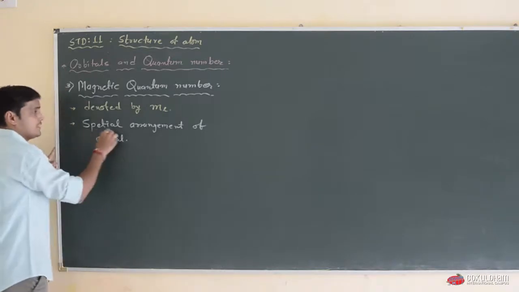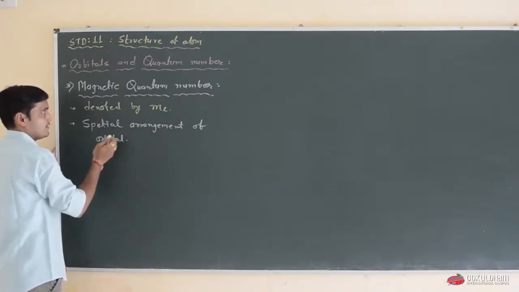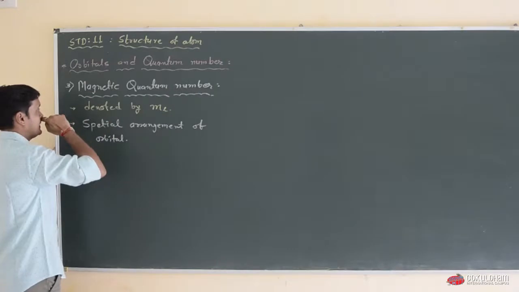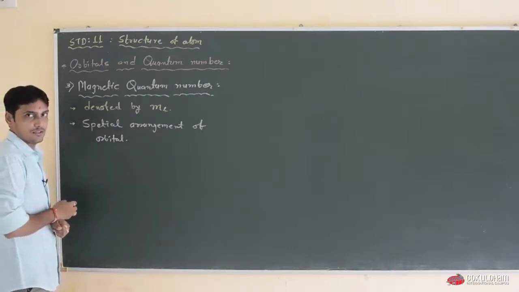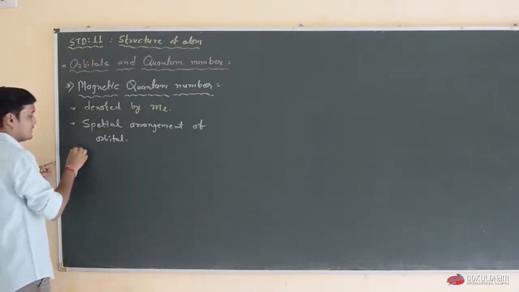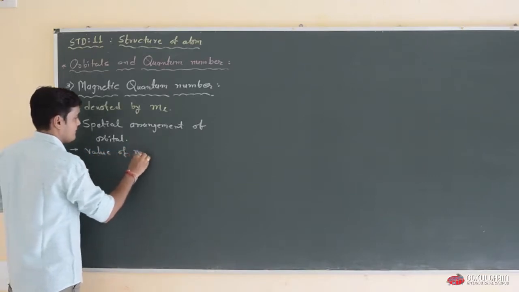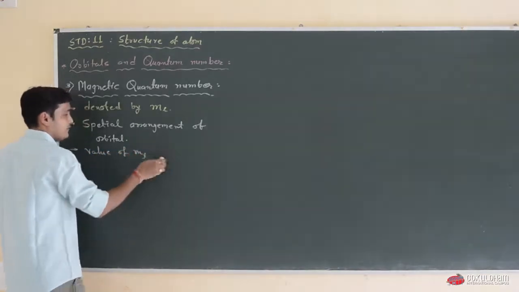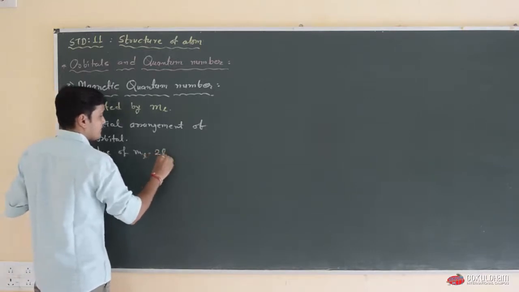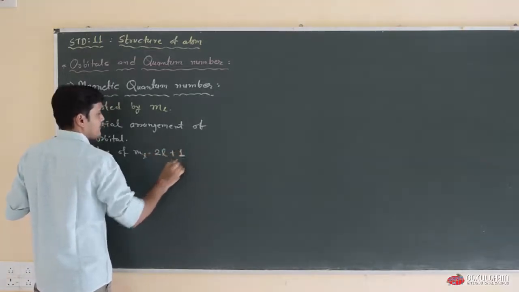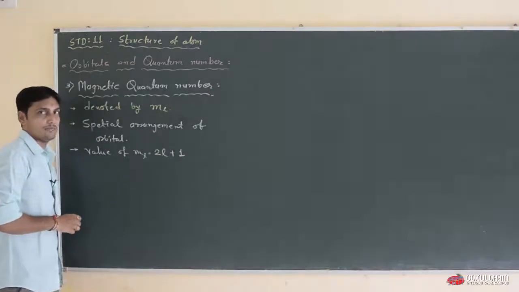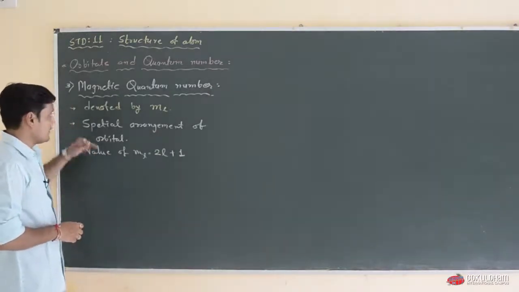So this is the spatial arrangement of the orbital, which can be seen by the magnetic quantum number. Now what is the value of ml? The value of ml can be calculated as 2L plus 1.